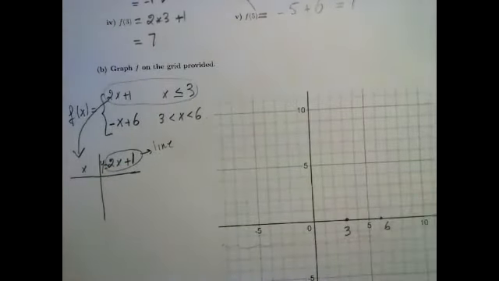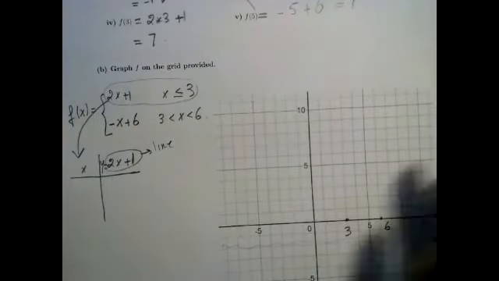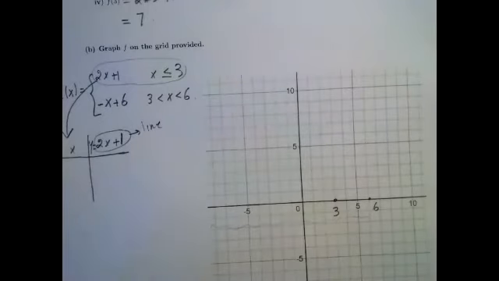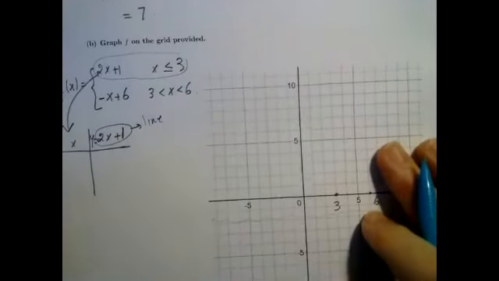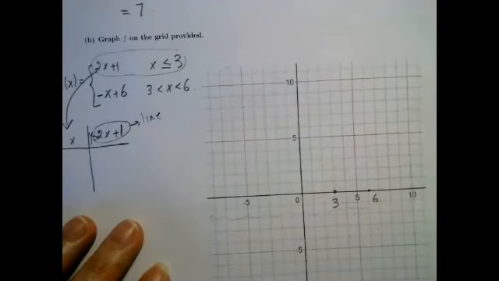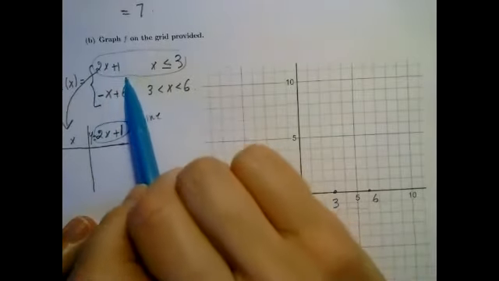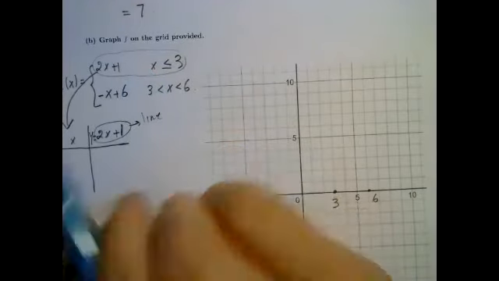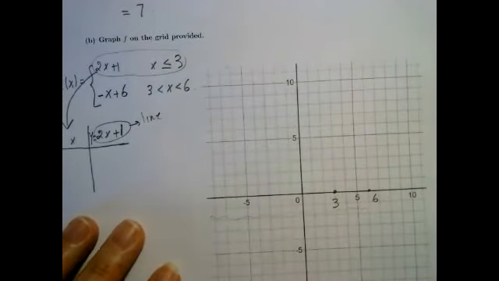An easy way to sketch a line is 2 points. That's a really easy way. Which point do you want me to pick to graph the line? I'm listening. I'm going to sketch the graph of this line. Which point do you think will be smart for me to pick?